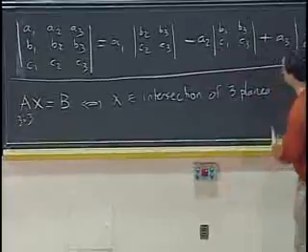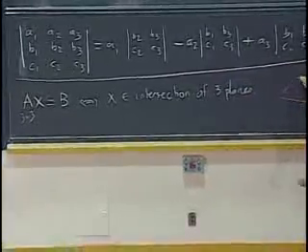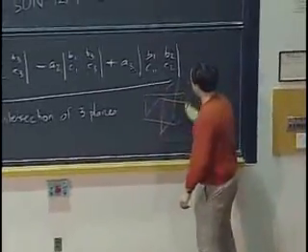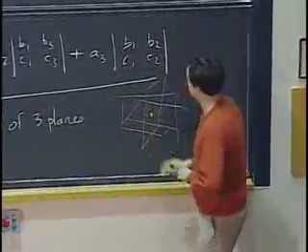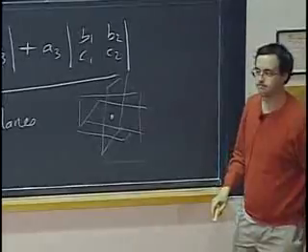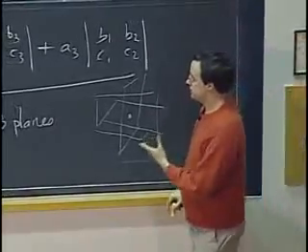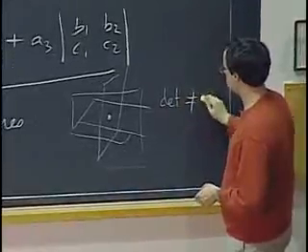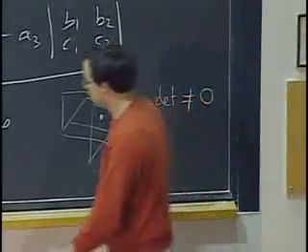And then we have two cases. The case where the system is invertible corresponds to the general situation where your three planes all just intersect in one point. That's when the determinant is not 0, you get just one point.